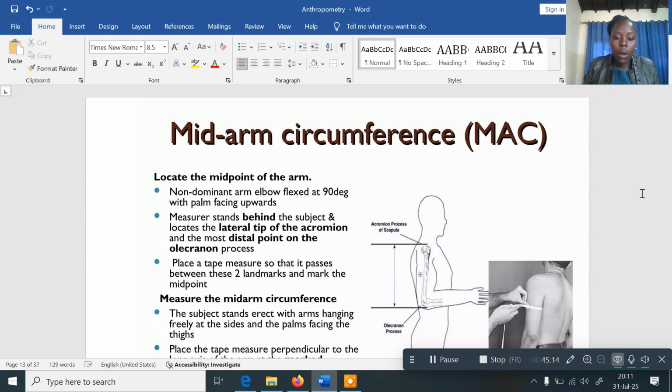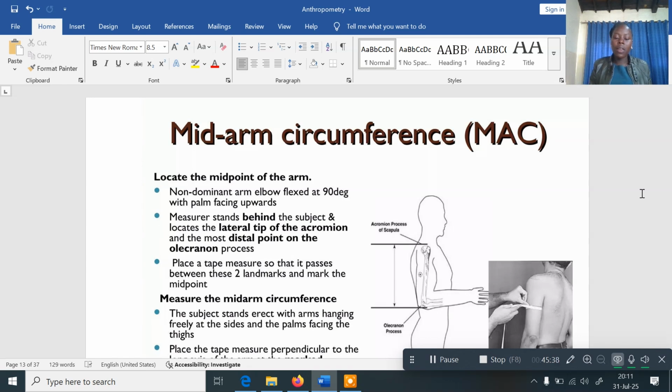So we use the non-dominant arm, and the elbow is flexed at 90 degrees with the palm facing upwards. The first thing we do is to position this arm that we are going to use. And how do we position it? We position it at an angle of 90 degrees with the palm facing upwards.